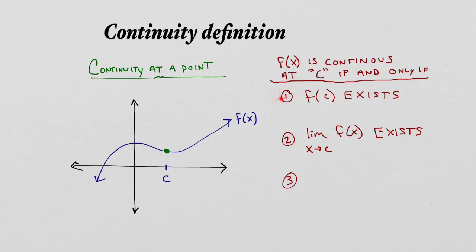So the last statement is that item 1 and item 2 must be equivalent: the limit as x approaches c of f of x must be equal to f of c. If these three things are in place, then our function is continuous at point c. Again, I really want to emphasize that this is at a specific point, which in this case we are calling c.